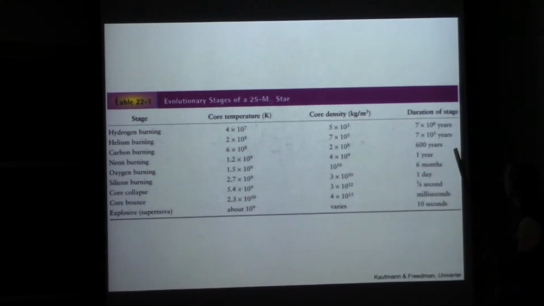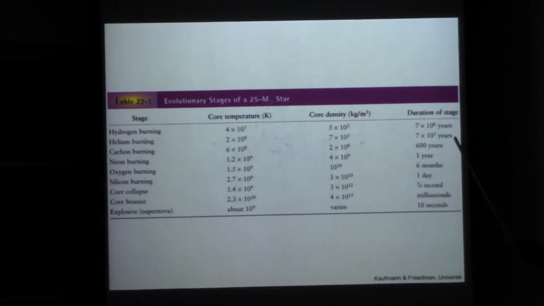So for this 25 solar mass star, hydrogen burning in the core on the main sequence is only 7 million years, long by human standards, but very short from star standards, right? That's less than 1,000th of the sun's lifetime. And helium burning is 700,000 years, so 1/10 as long. Carbon burning in the core only 600 years, neon burning a year, oxygen burning 6 months, silicon burning 1 day.